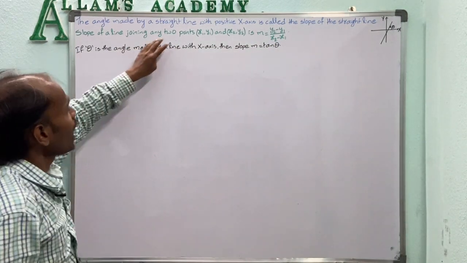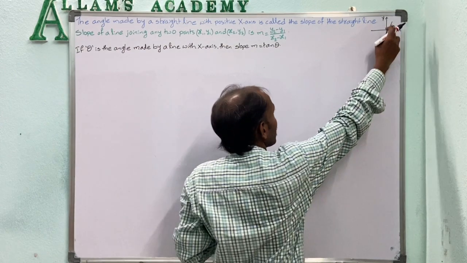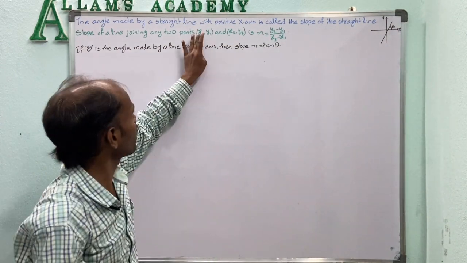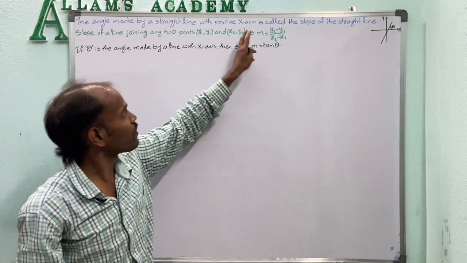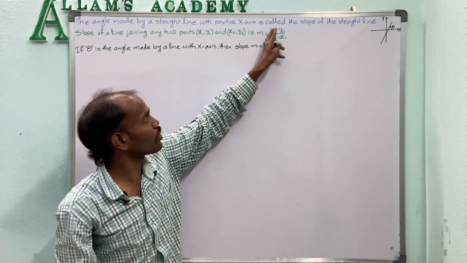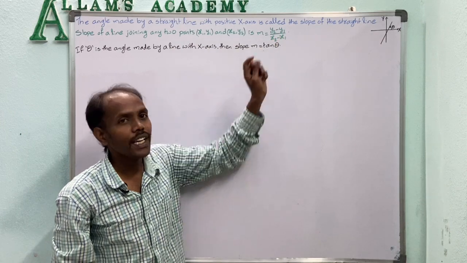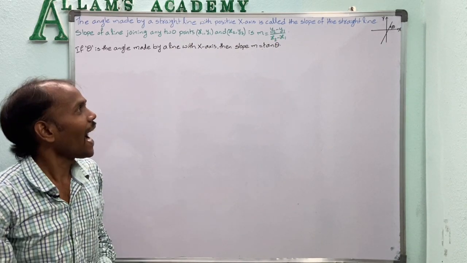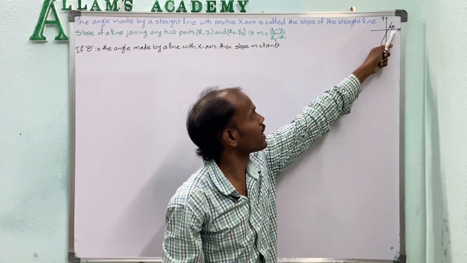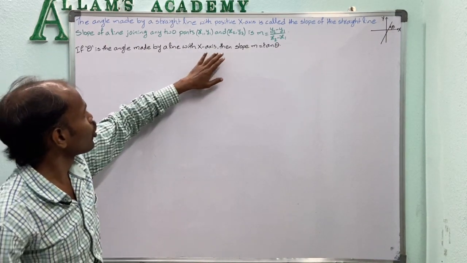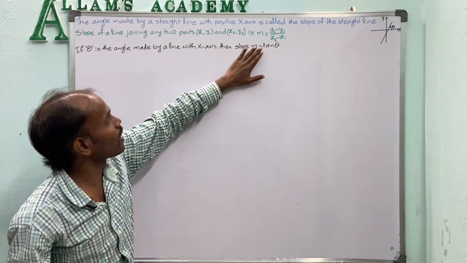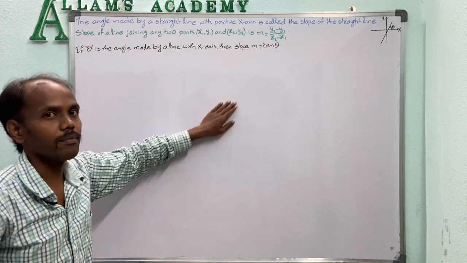So if on that straight line we take any two points (x1, y1) and (x2, y2), then the slope of the line m is equal to (y2 minus y1) by (x2 minus x1), and the angle it makes is represented by theta. So then the slope m is equal to tan theta.